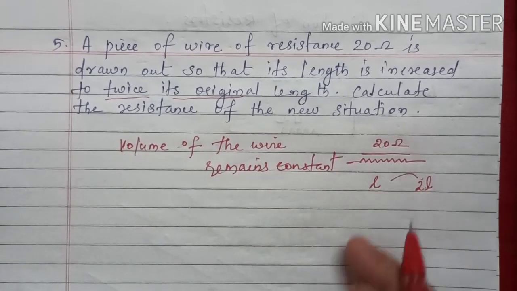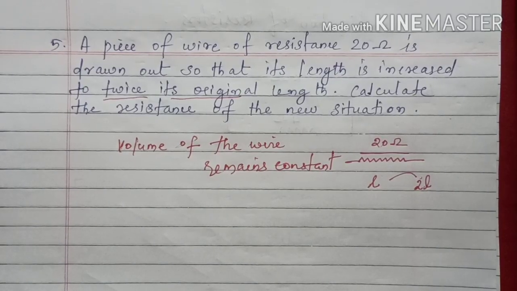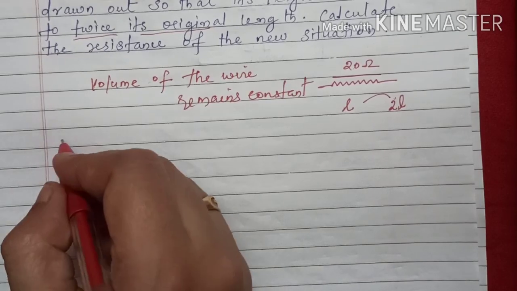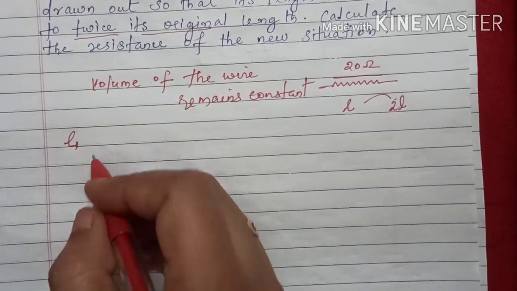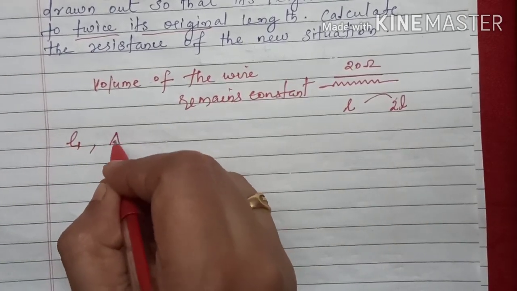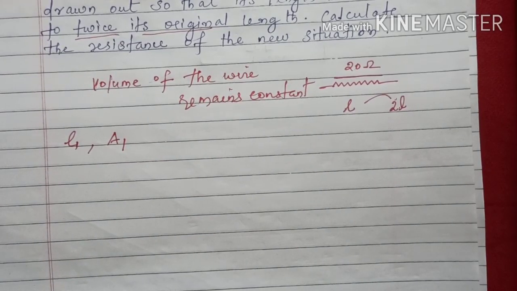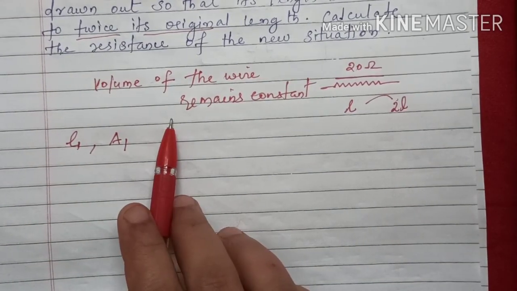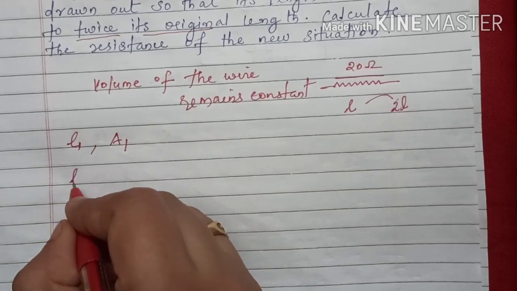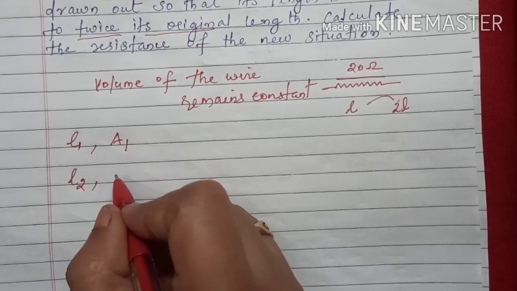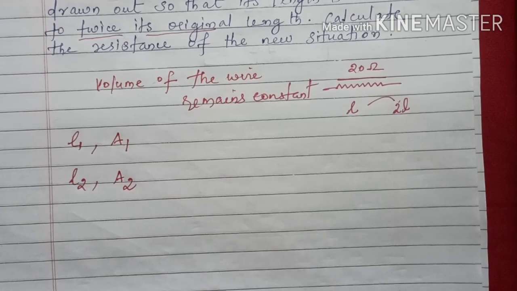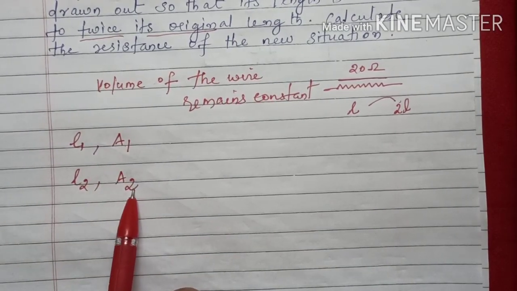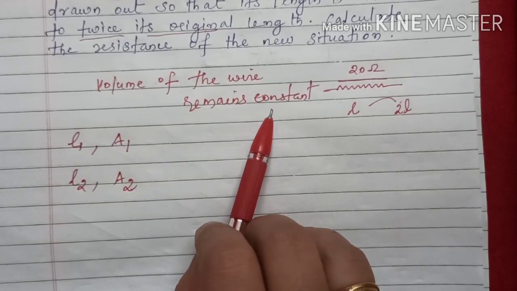Before drawing out, you have a length L1 and an area A1. After being drawn out, the length becomes L2. Similarly, the area also should change, isn't it? Even though the length and area change, the volume is constant.